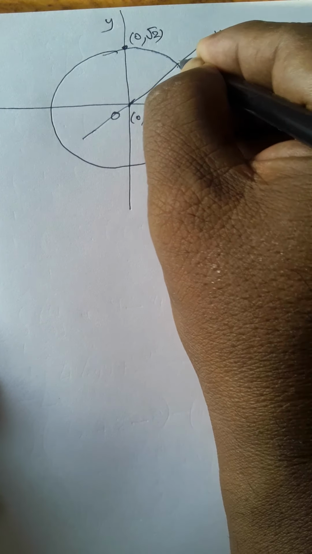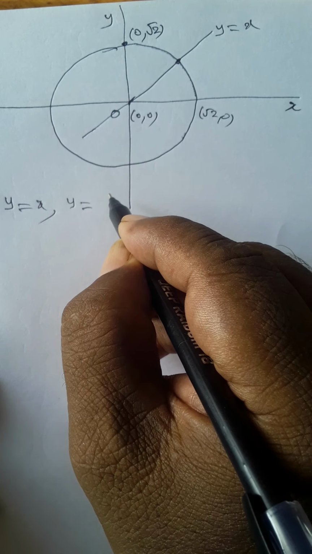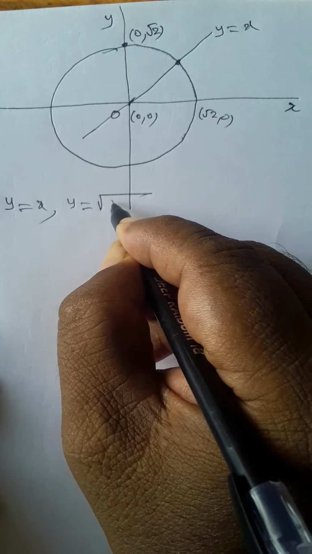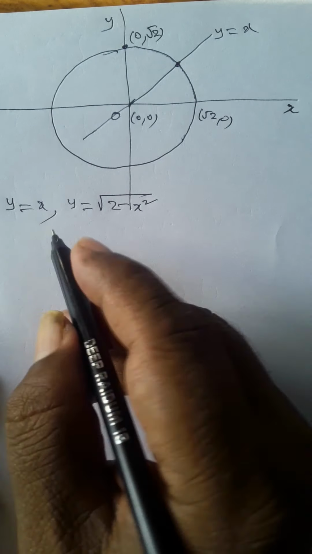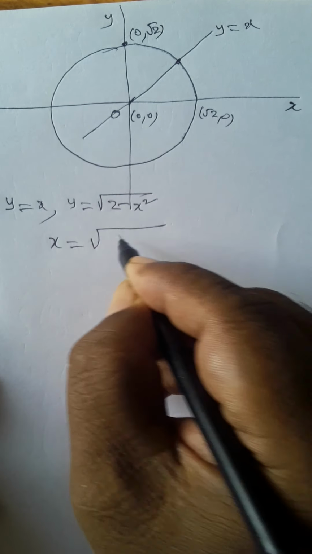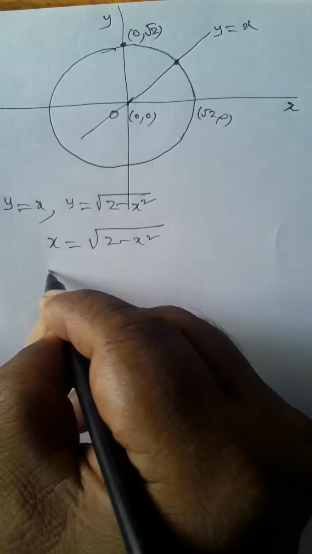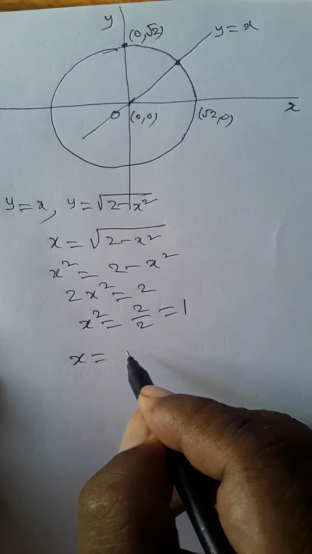Now we have to find this point. What is this point? So y is equal to x, and y is equal to root over 2 minus x square. Left sides are equal, so x is equal to root over 2 minus x square. Squaring on both sides, we get 2x square is equal to 2, x square is equal to 1. X is equal to plus or minus 1.